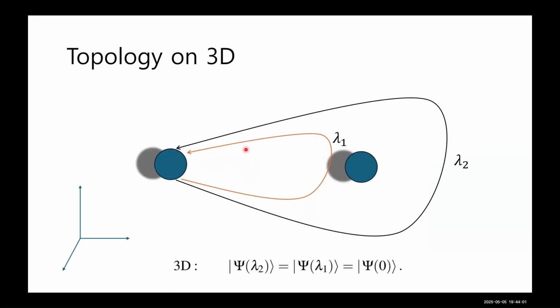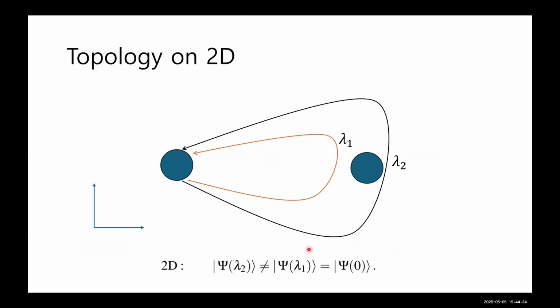And if we fasten the lambda 1 path enough, there is no change in the particle's location. That means the quantum state, the initial state, is the same as the state of the particle that moves along the lambda 1 path and the lambda 2 path. So that is in three dimensions.